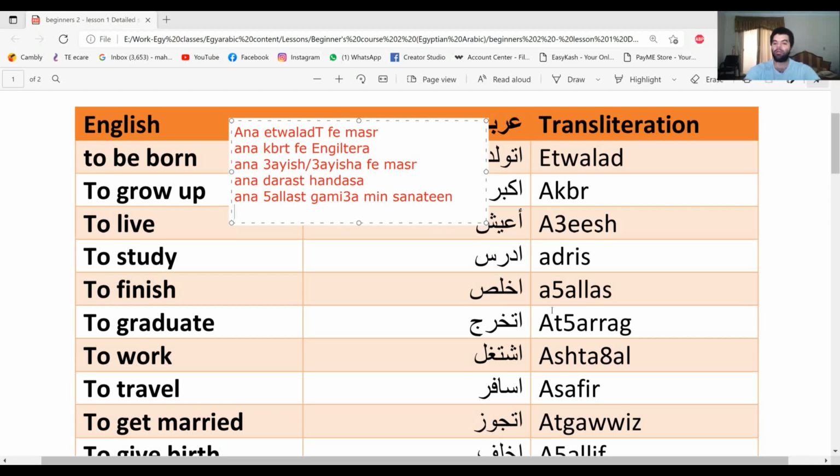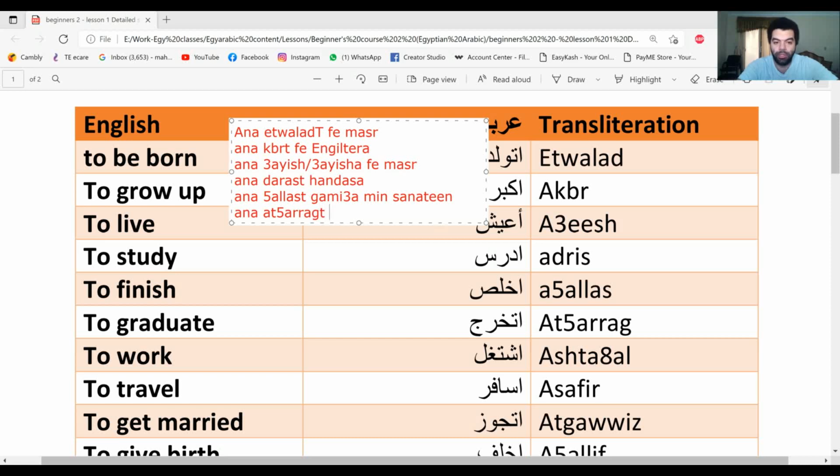And the next one is to graduate. أتخرج. To graduate. So you say it in the past. Now you see أتخرج is 1, 2, 3, 4, 5 letters. ألف, ت, خ, ر, ج. So now we're not getting rid of ألف for the past tense. So we say أنا أتخرج.